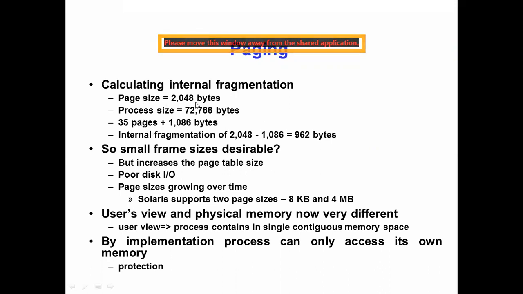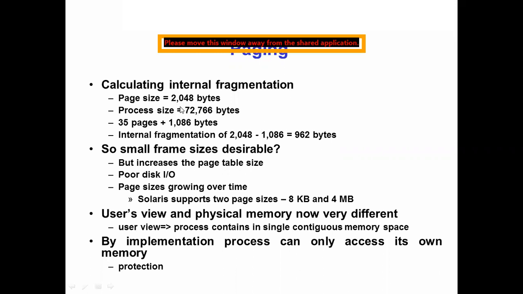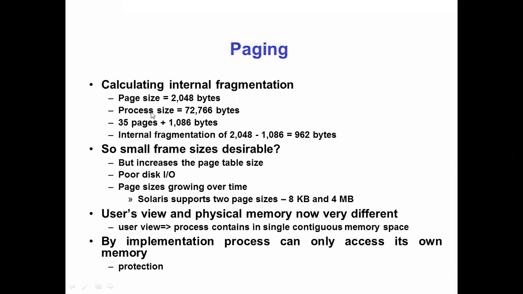Because the page size is 2048, we can divide the process size, or the program size, by the page size. As you divide 72,766 by 2048 bytes, you will get 35 pages.